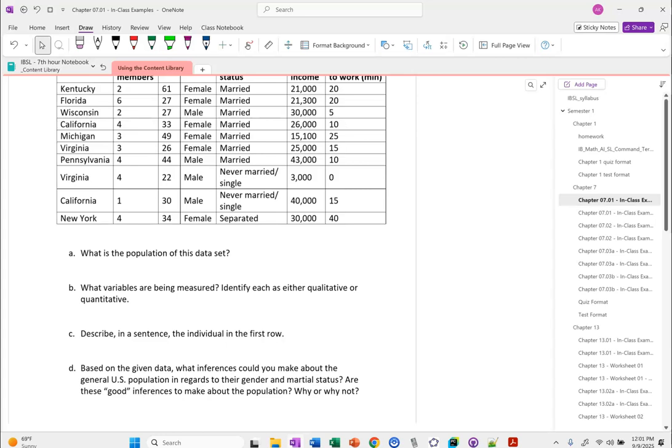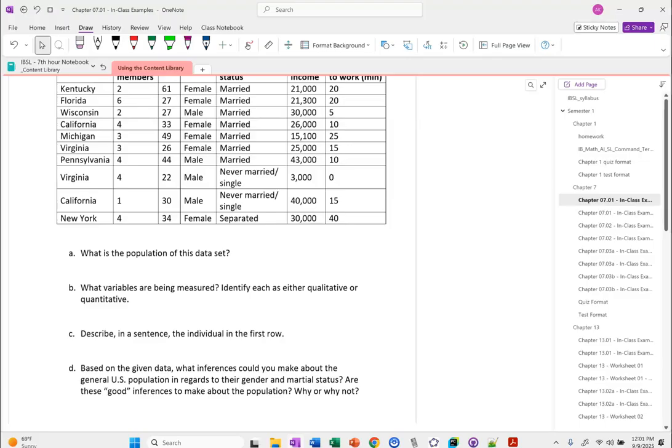The average amount of family members is about 4. So it's asking, we asked about gender and marital status was our inference. Males are less likely to get married. Okay. Why did he say that? If we look at the list, all of the females are listed as married except for the one that says separated. Half of the men listed said they were never married, so that's fair.